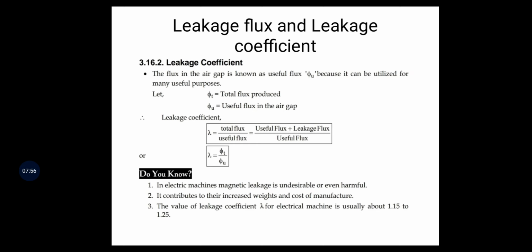Lambda equals phi t by phi u, where phi t is total flux and phi u is useful flux.